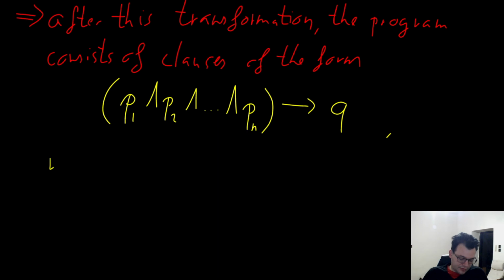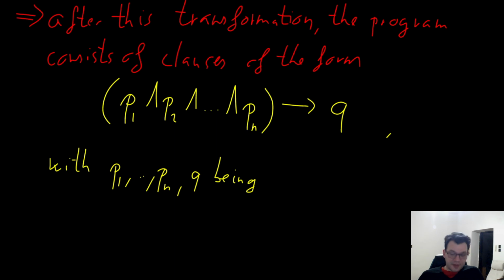So with P1 blah blah Pn and Q being, well, I say propositional variables, right? It's basically the same as Boolean variables.